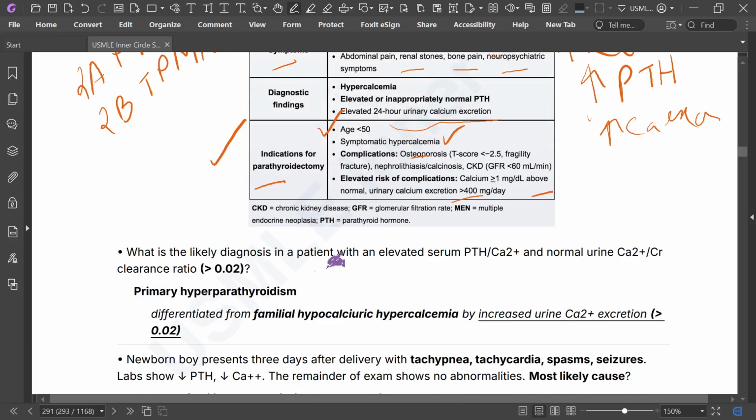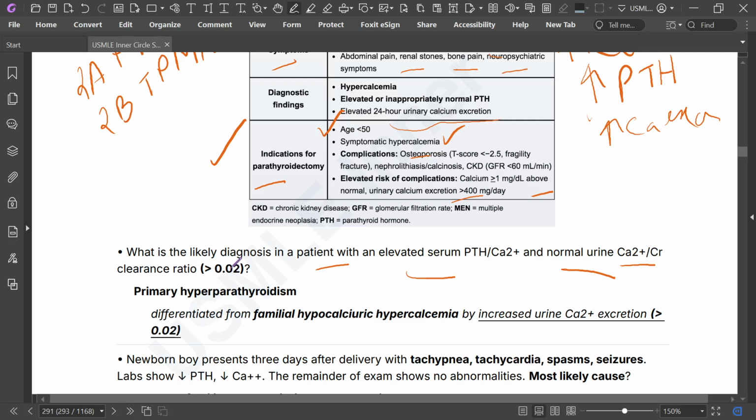What is the likely diagnosis in a patient with elevated serum PTH and calcium, and normal urine calcium to creatinine ratio? Primary hyperparathyroidism, with a normal calcium to creatinine clearance ratio. If the ratio is more than 0.02, it is problematic.